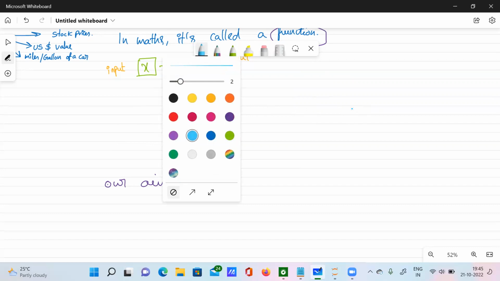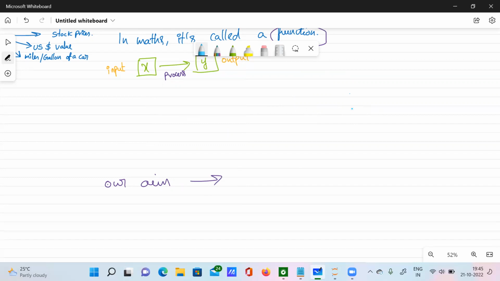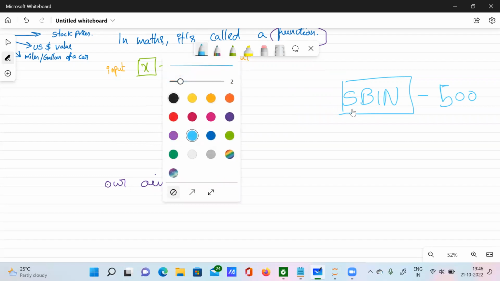For example, we have our stock values, right? We have our stock price. For example, let's say we have SBI, and this particular stock. Let's say the current stock price is some kind of 500. And now we want to predict the stock price of this particular stock in the future, in the coming 2 years. Our aim now is to predict the stock price.